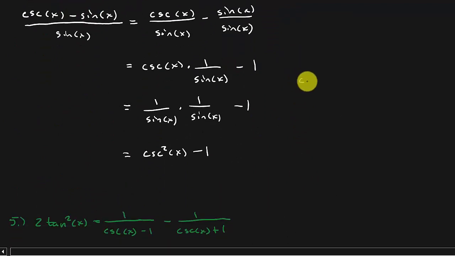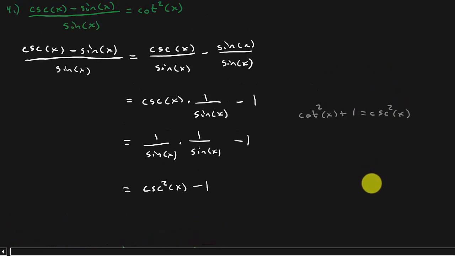So we've got cotangent squared plus 1 is equal to cosecant squared, right? So, well, look at this, cosecant squared x minus 1. So let's subtract 1 from both sides.